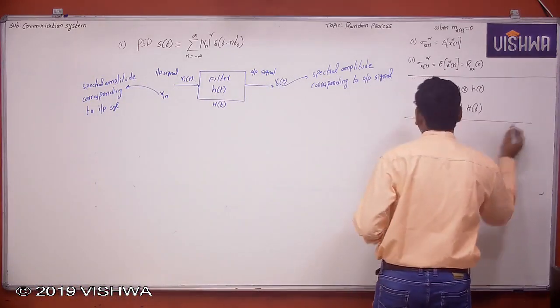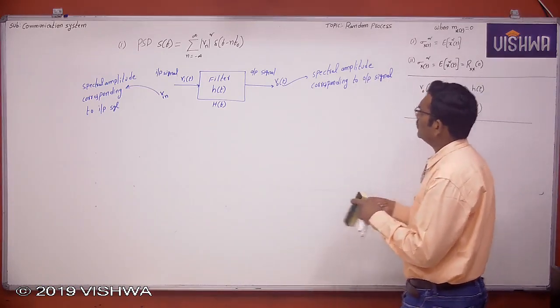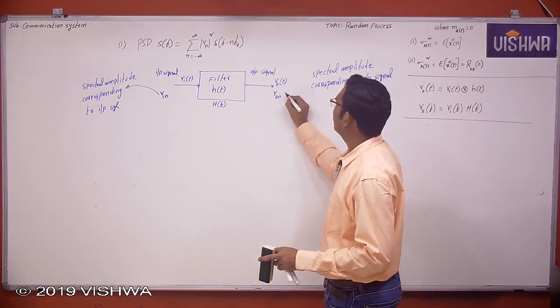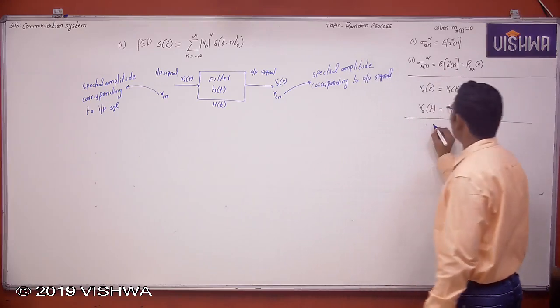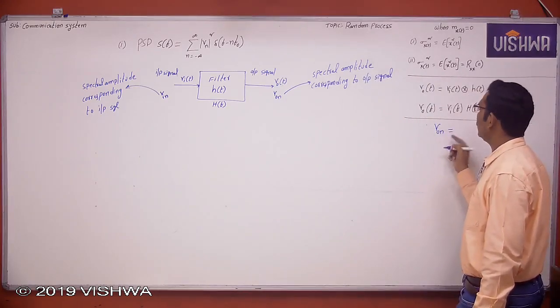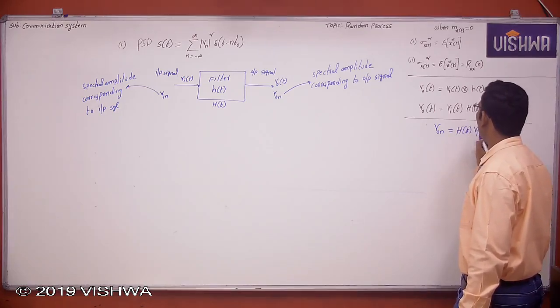The spectral amplitude at the output side, V0n, is the output voltage, equal to gain multiplied with input voltage.